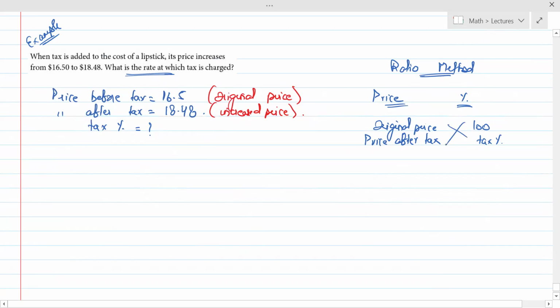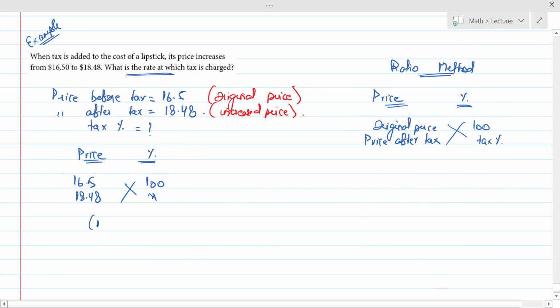We do the cross multiplication here for this ratio method. So price against the percentage: original price was 16.5 against 100. New price or the increased price is 18.48, and that goes against x. So we do the cross multiplication.